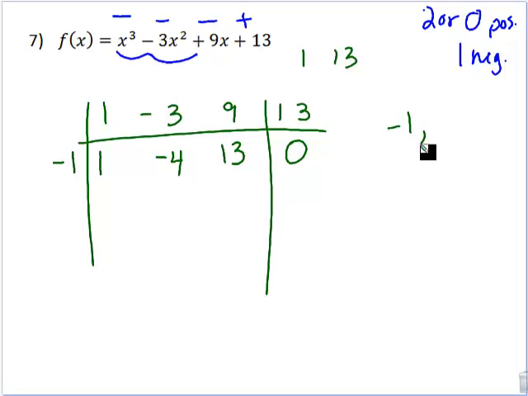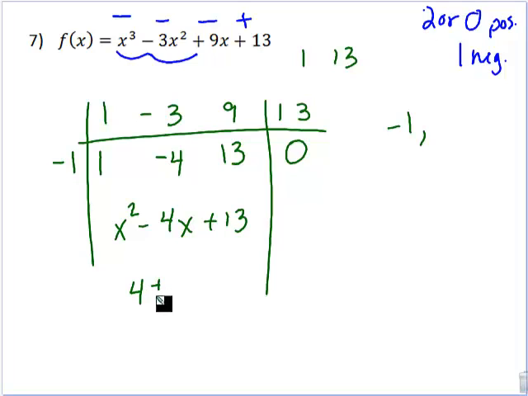Okay, what's the quadratic we have left? 1x squared minus 4x plus 13. Yep, x squared minus 4x plus 13. That's definitely not factorable. So we'll use the quadratic formula. So x equals negative b. So what would we start off with here? Negative 4.